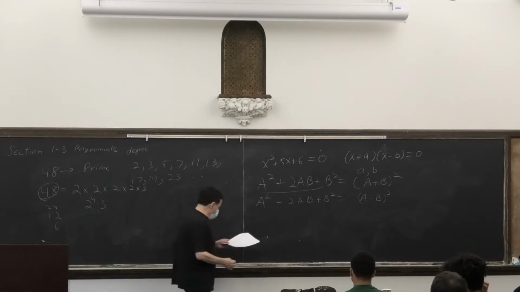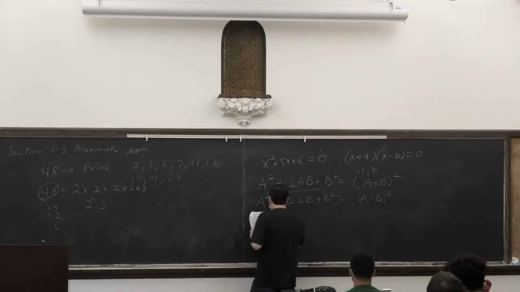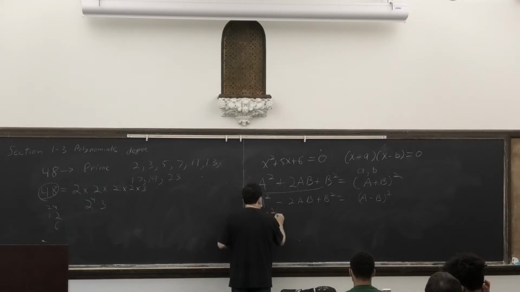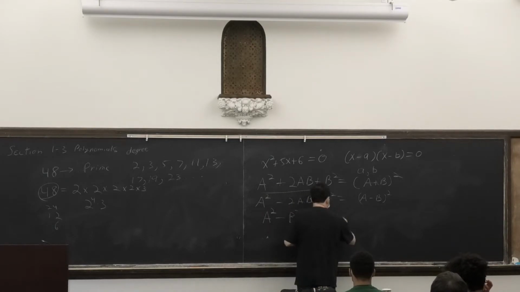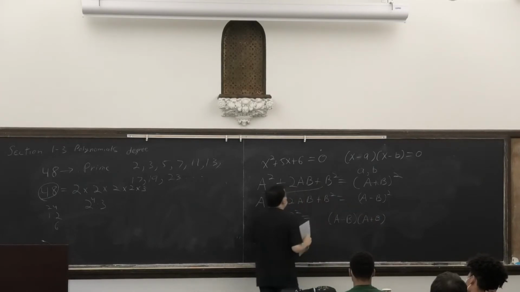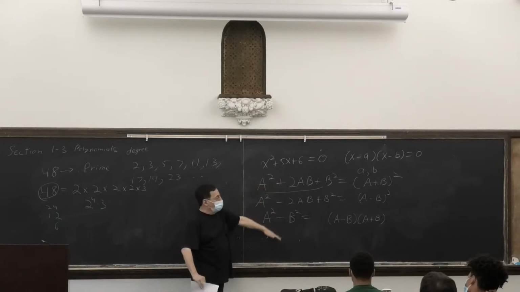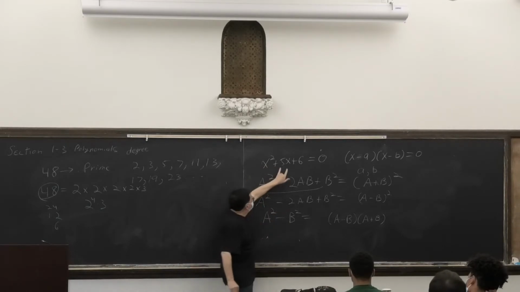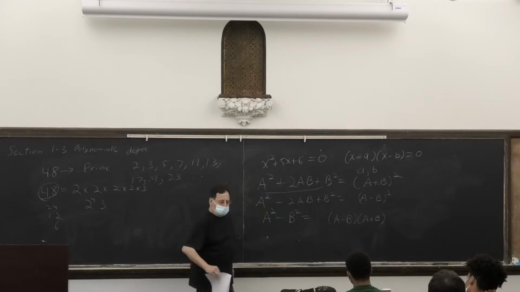And probably the most important pattern to know is when you see a square minus a square. We looked at this last week. a minus b times a plus b. So if you see one of these patterns in your trinomial, you're kind of done already. That x squared is 6. No, it's not going to work here.